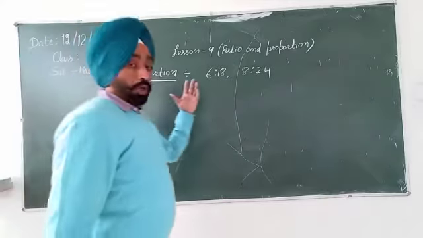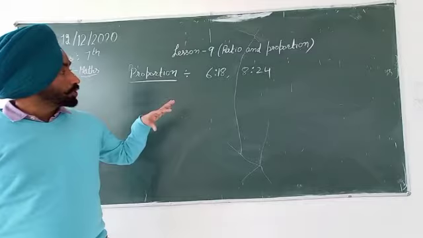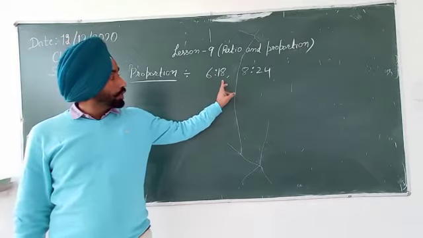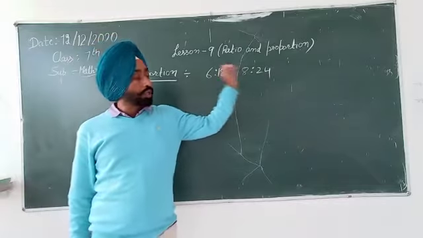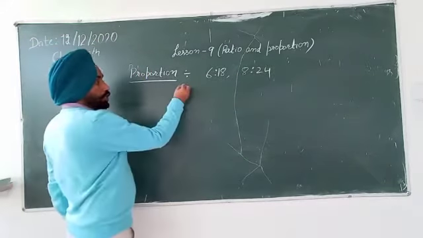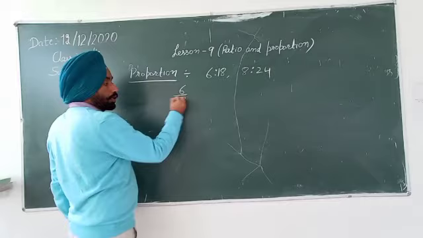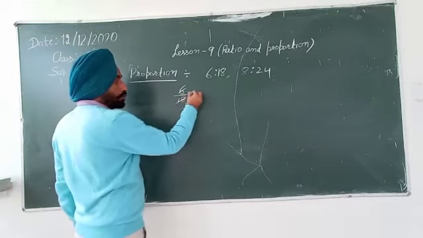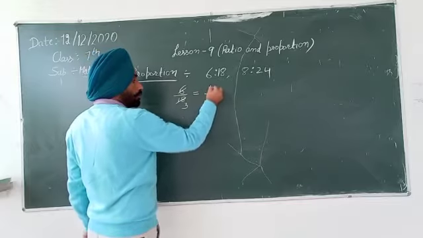Now, beta, proportion. What is proportion? Suppose, beta, you have two ratios: 6 ratio 18, 8 ratio 24. Now, 6 ratio 18, I can write it as 6 upon 18. It will be cancelled by 3, so it will become 1 upon 3.